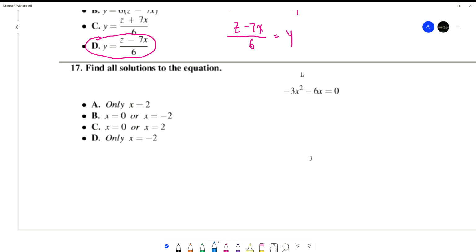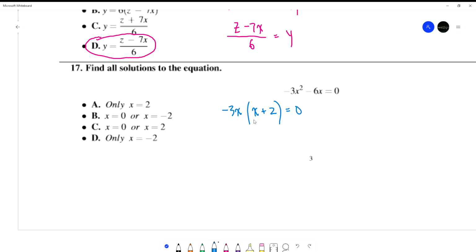So I'm going to factor out negative 3x. That's the GCF, right? Negative 3x. Then I'm left with x plus 2. All of this is equal to 0, right? And you can double check, if you distribute, you get negative 3x squared minus 6x.